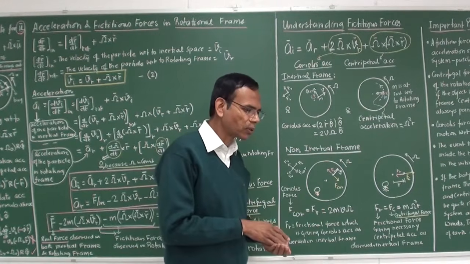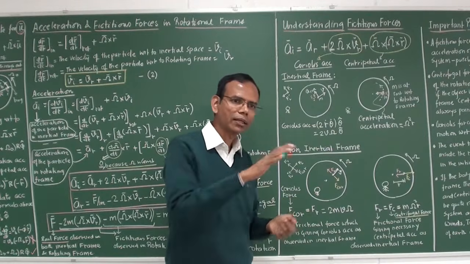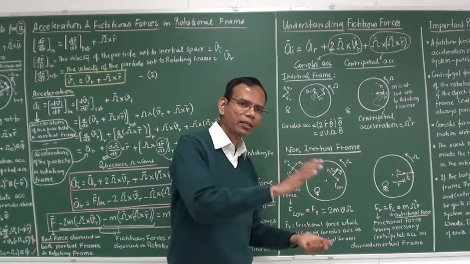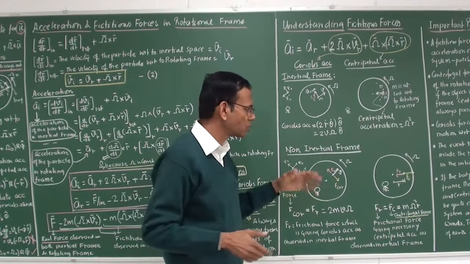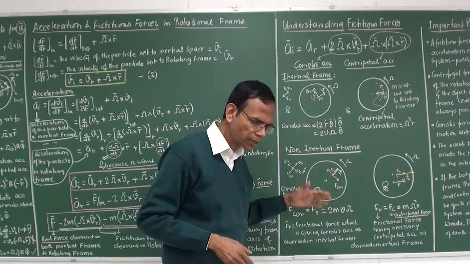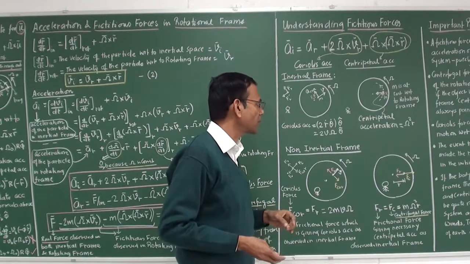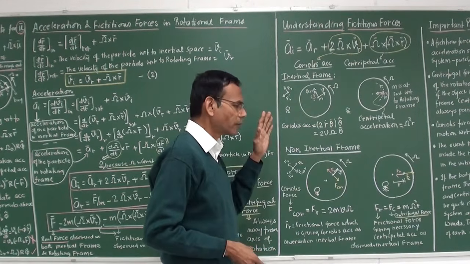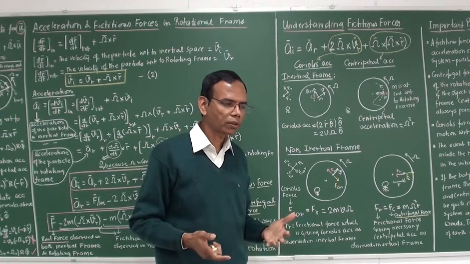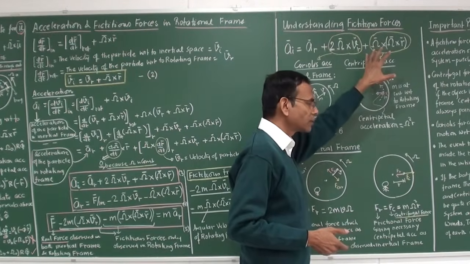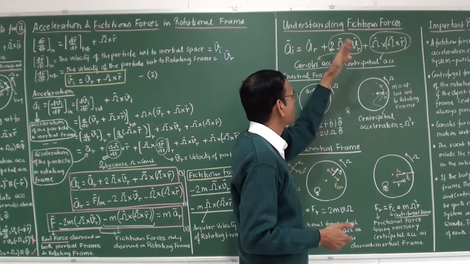But if you take an example of a body which is outside the rotating frame, it is a little different example. There the things are a little opposite. If I keep on explaining examples after examples, it will take a long time. What we have to understand is what actually the fictitious forces, the Coriolis force and the centrifugal force, are, what is the origin of these terms, and what is the related force associated with these terms.